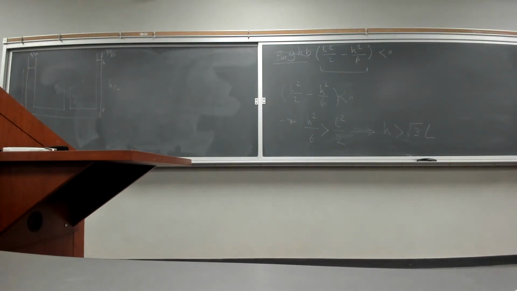The height of this column on the A side is H1. Pressure inside here is 16.1 psi. The absolute PA and PB are equal. Is equal to 14.